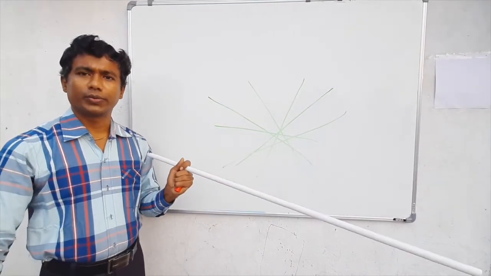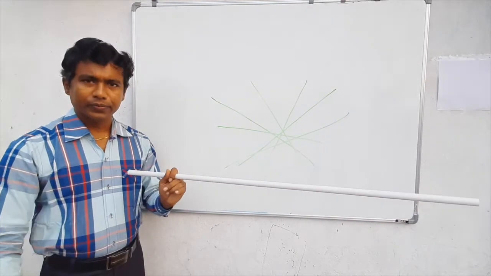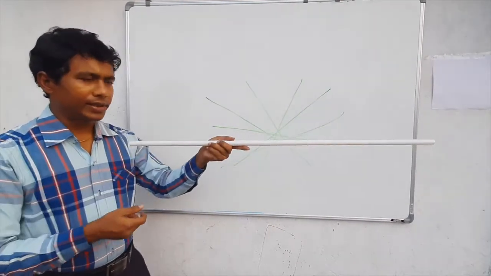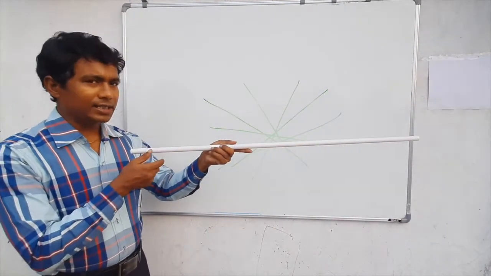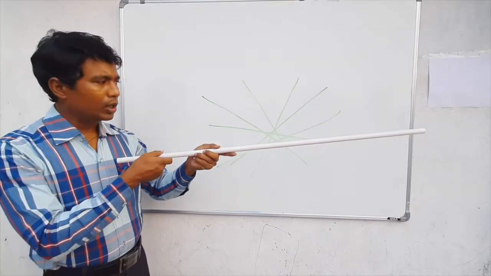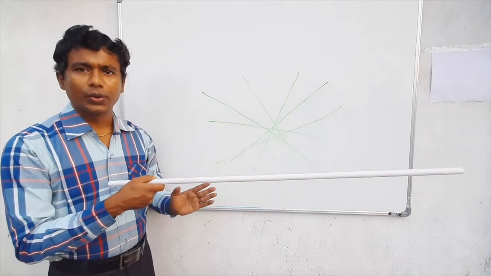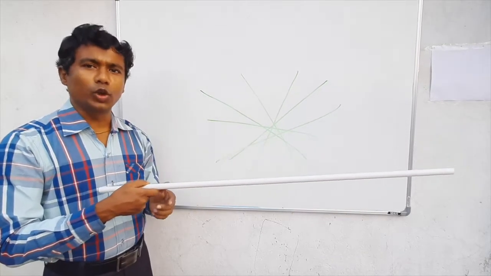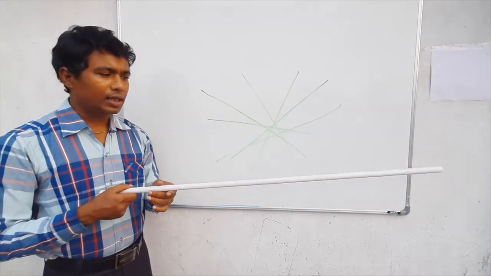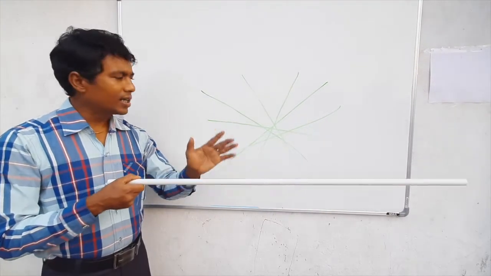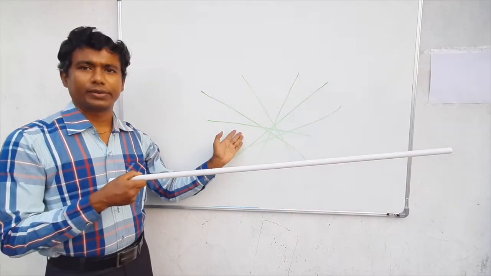Now if this line is parallel to any one of the lines on the board, then it is said that the line is parallel to the plane.